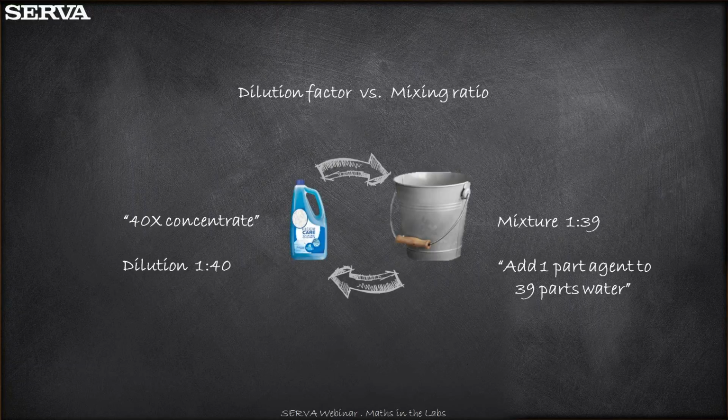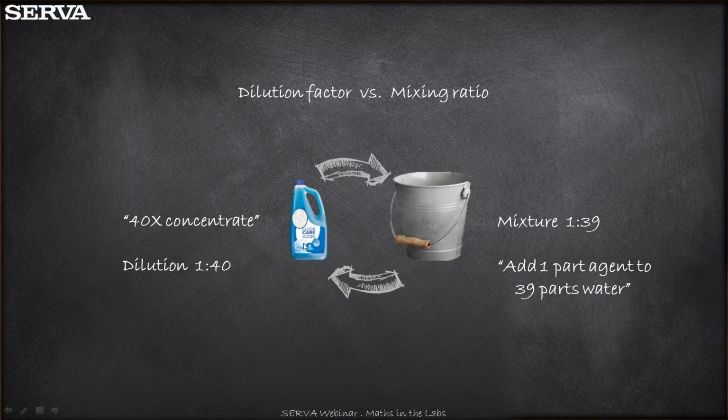The dilution factors and mixing ratios often cause confusion because of the same spelling or writing, but I want to explain it the right way, using a cleaning agent as an example. On the cleaner you find 40x concentrate, so it's 40-fold concentrated, and this fits to the dilution factor of 1 to 40.